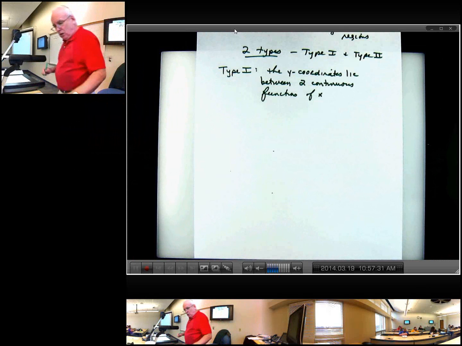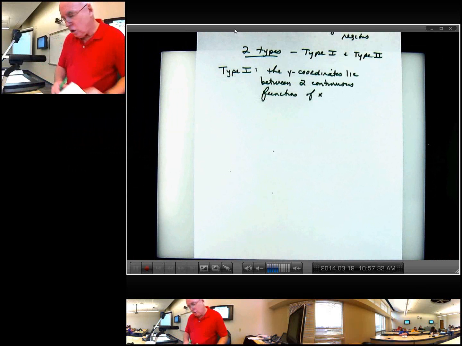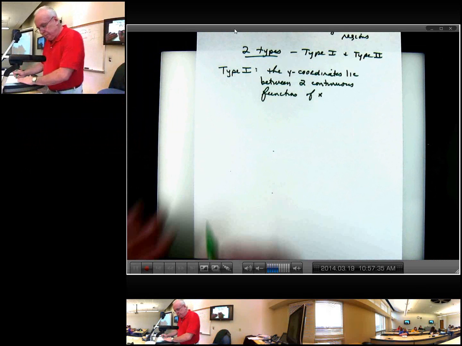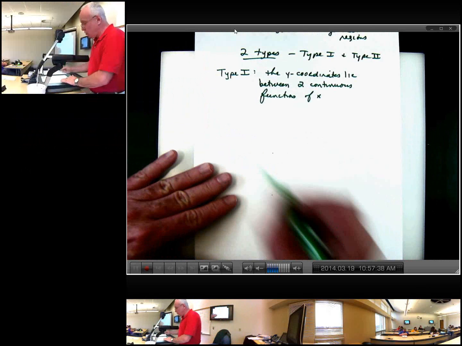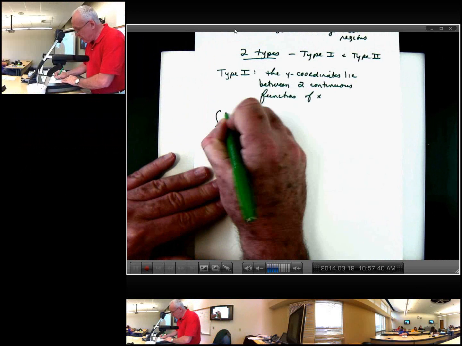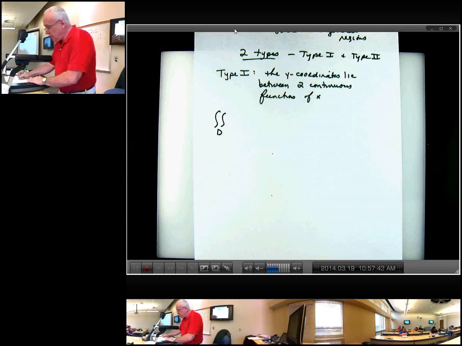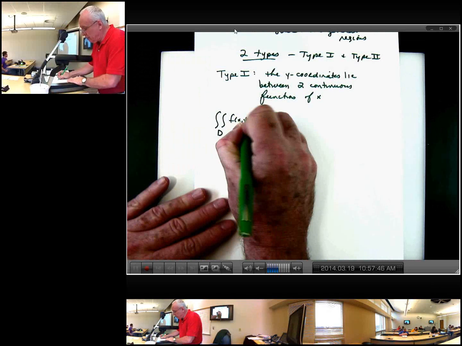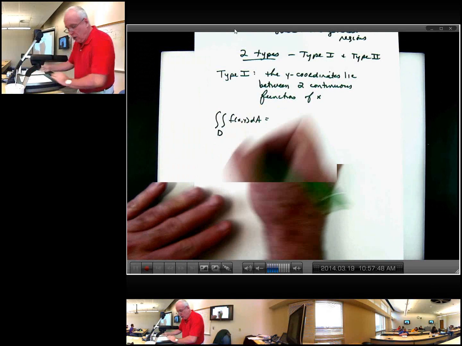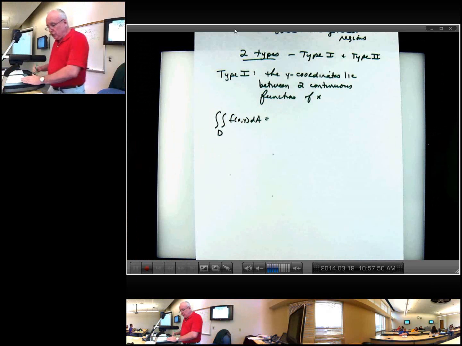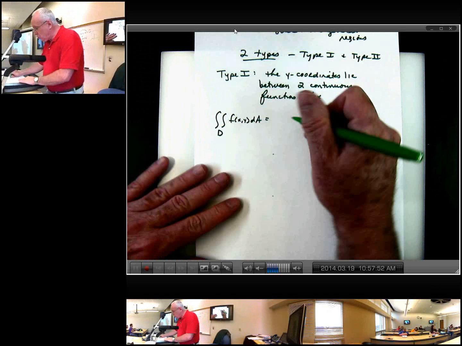Now, with type 1 regions, this is how you're going to integrate. So we're looking at the double integral over our region D of f(x,y) dA. With this one, we're going to integrate first with respect to y.